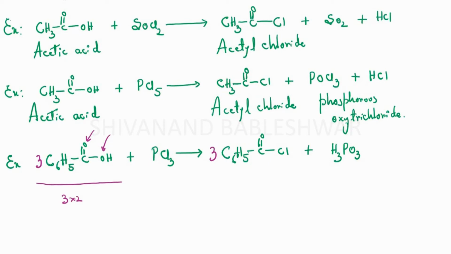On the product side we have 1 oxygen, but 1 into 3 becomes 3 times, and here we have 3 oxygens. So oxygens are balanced, halogen atoms are balanced, and even the carbon atoms are balanced. So here the reactant molecule will be benzoic acid and our product will be benzoyl chloride.